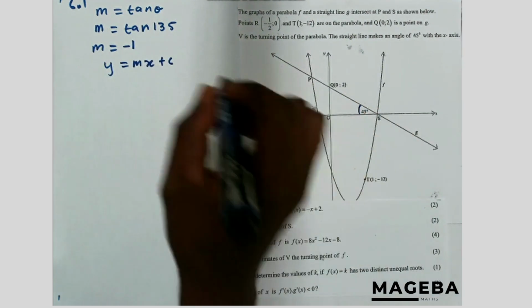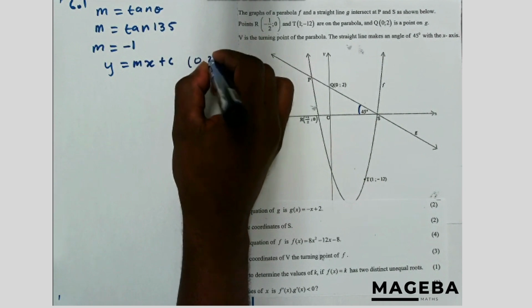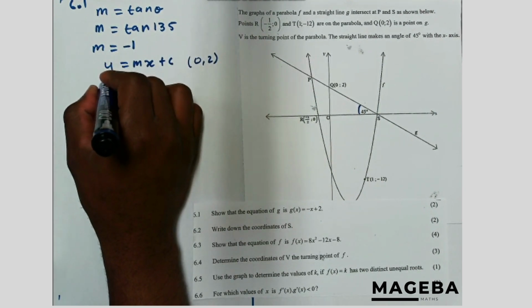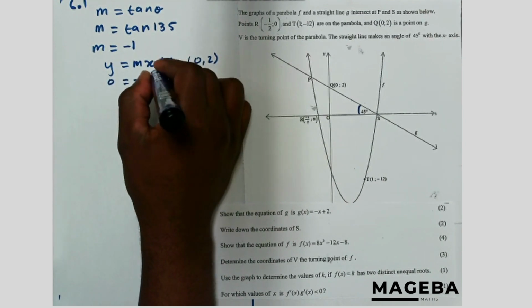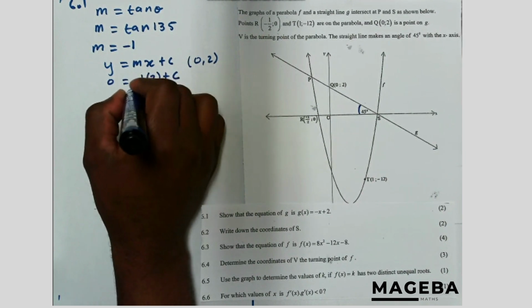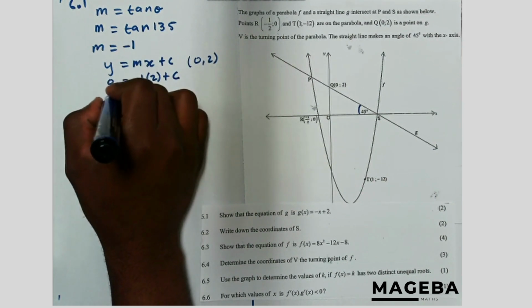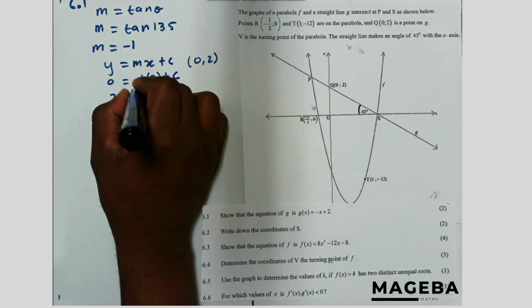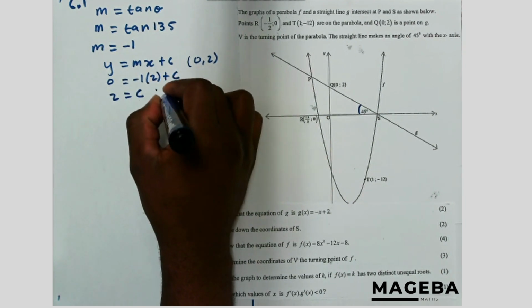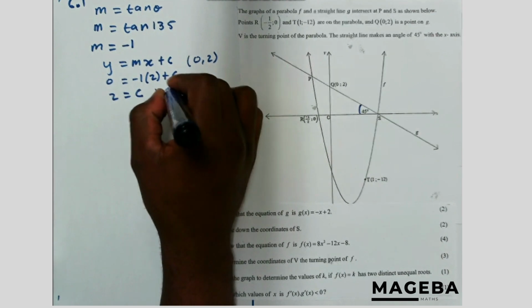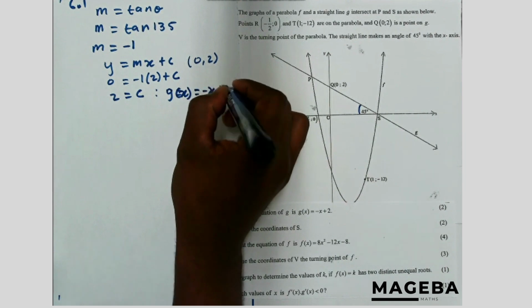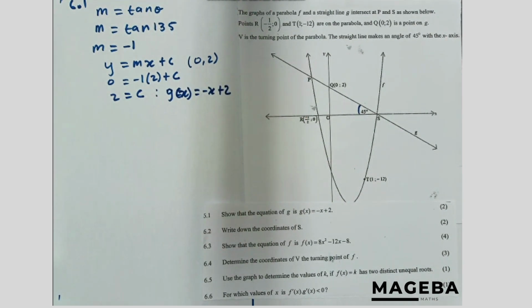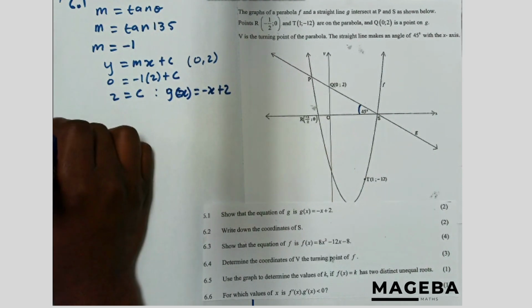We do have a point on the straight line, which is (0, 2), so y is 2, m is -1, x is 0, and then c. Then this is going to be -2, take -2 to the other side, change the sign to be 2, and our y, which is g of x, is equal to -x plus 2. I've already shown that g of x is equal to -x plus 2.